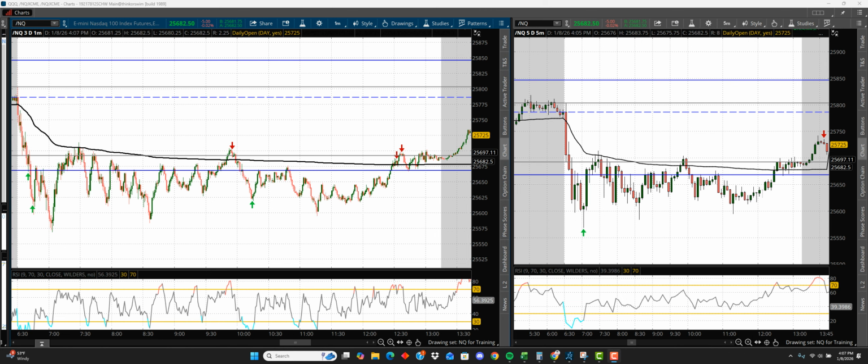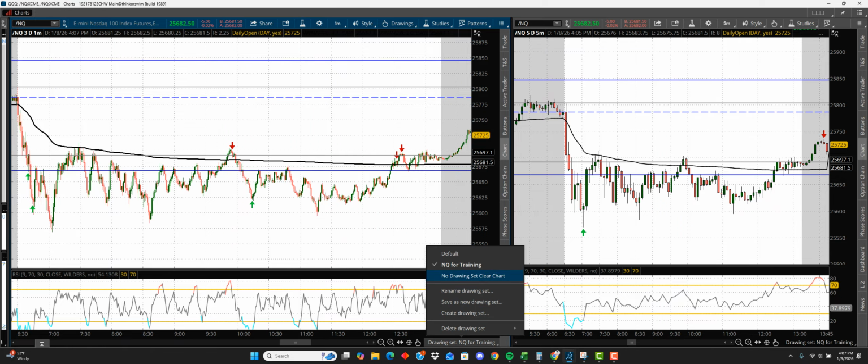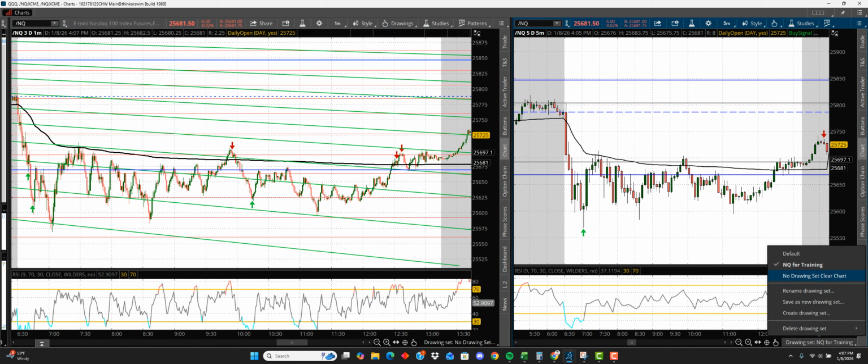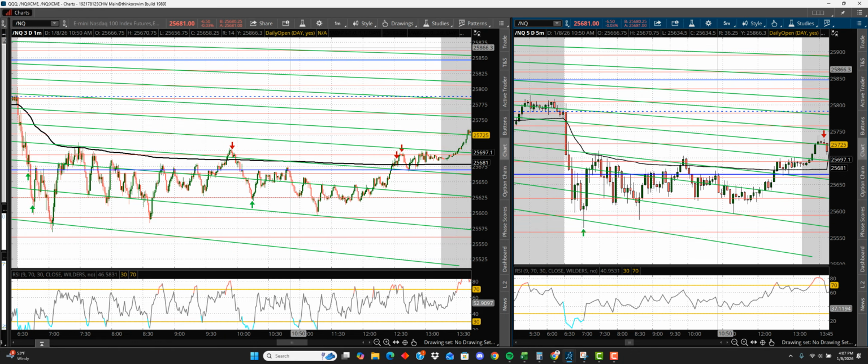So from this blank chart we're going to go into our regular chart with all the levels and angles, and you'll see how the angles and the levels played a key part.